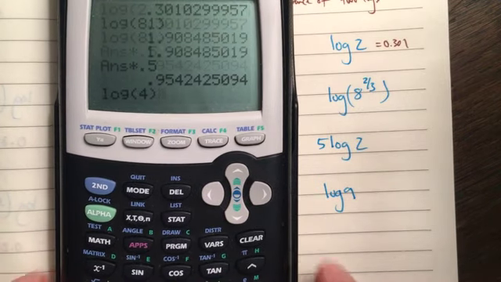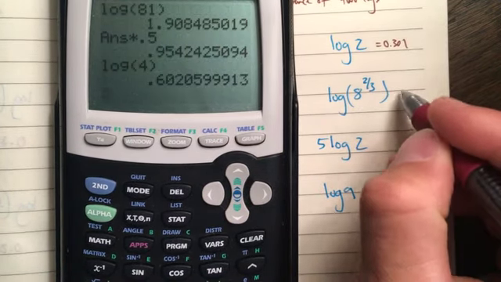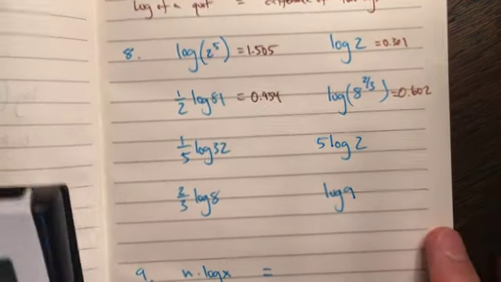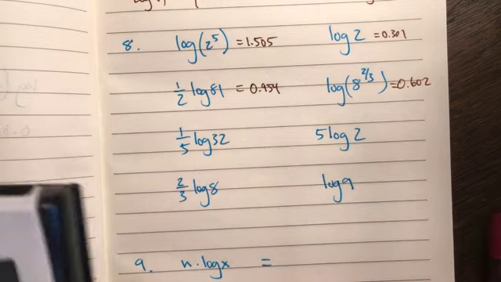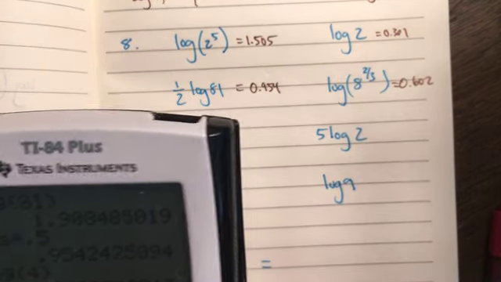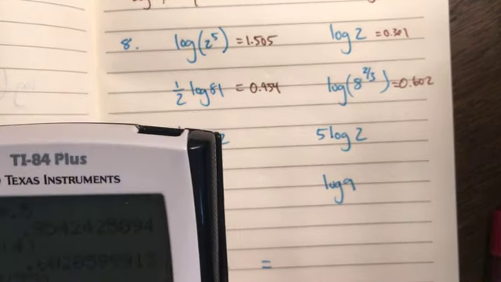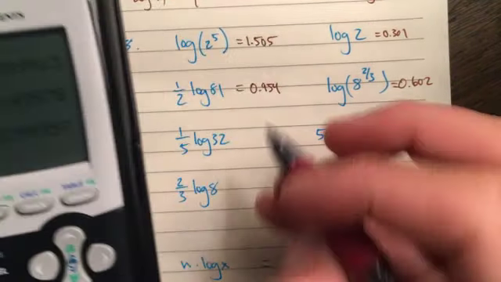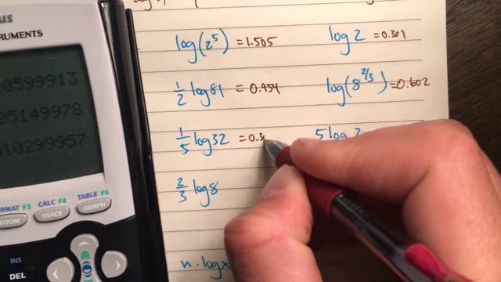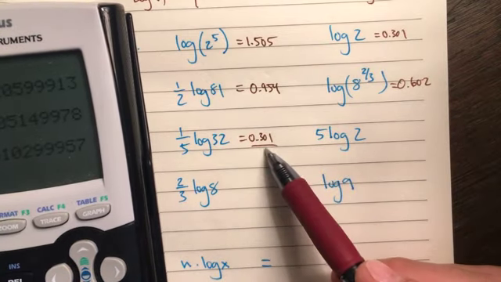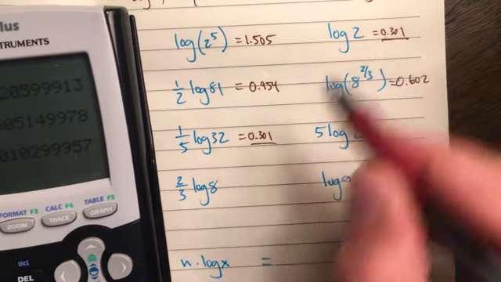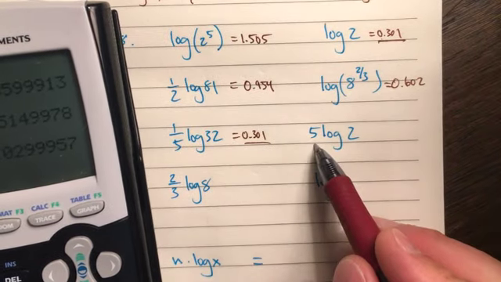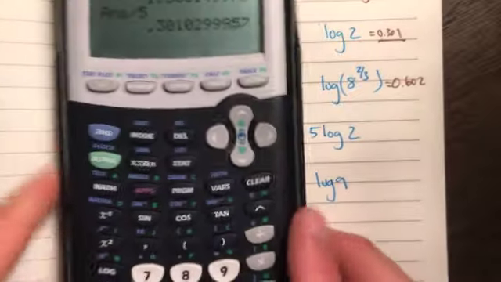So I'm going to find log of 4, and that is 0.602. 1/5 log of 32. Okay, log of 32 is that. Let's divide it by 5, and we get 0.301. Interesting, 0.301, 0.301. Okay, 5 times log of 2.